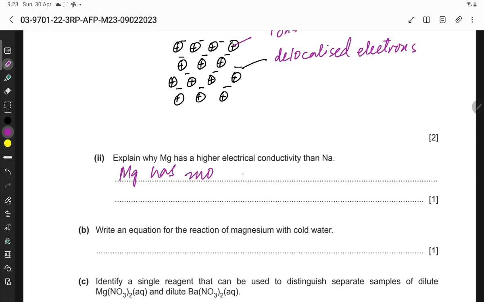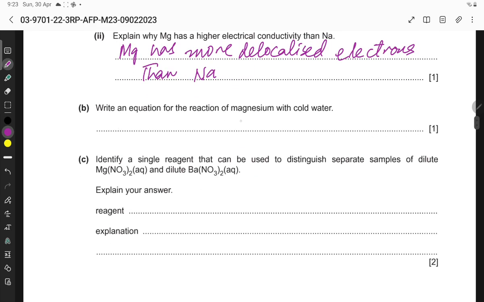Magnesium has more delocalized electrons than sodium. Write an equation for the reaction of magnesium with cold water. Magnesium plus water forms magnesium hydroxide plus H2 gas.